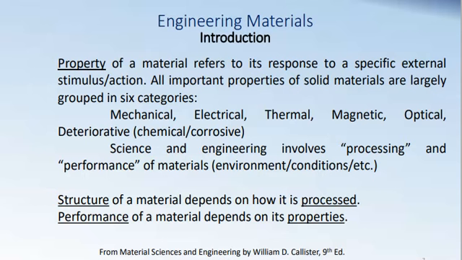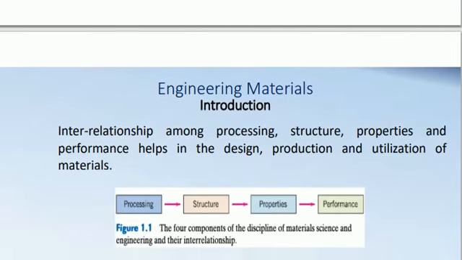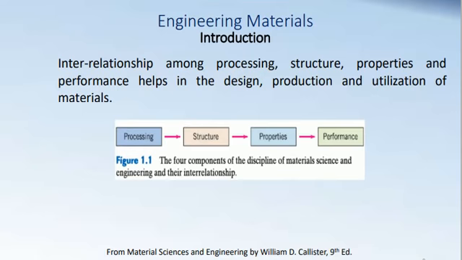This performance is again directly a function of its property. These are the four components involved in the discipline of material science and engineering, and their interrelationship is shown in this figure 1.1.